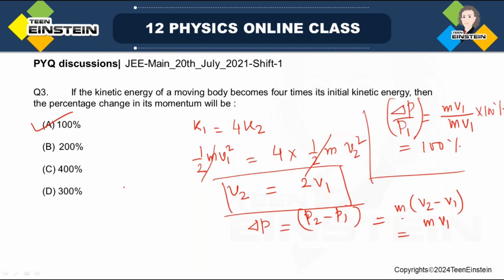We can actually cross check why we had a mistake over there. Look, delta k by k is equal to 2 delta p by p. This is what we had, right? So here actually we have to take 4 times the initial kinetic energy.